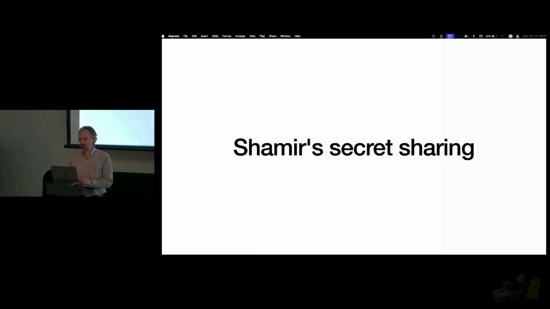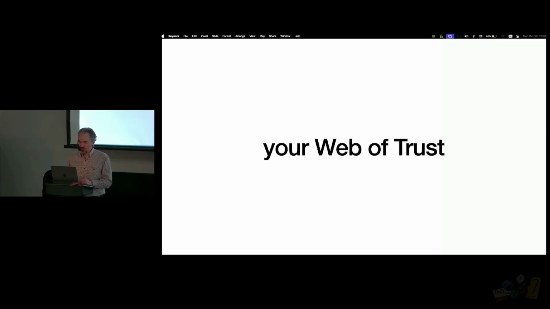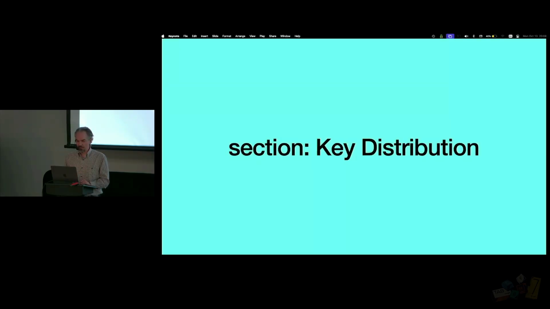Another thing we have is Shamir's secret sharing. This is the mathematical protocol for turning one key into a set of shards where you can recover them using M of n, or K of n, as is often said these days. And again, this is about things you have, your web of trust.